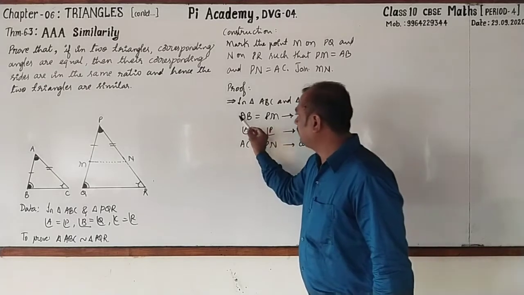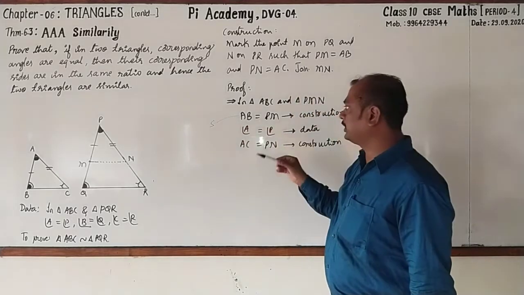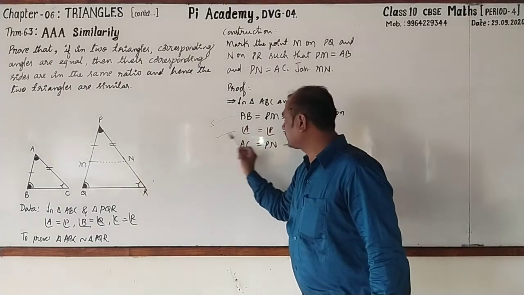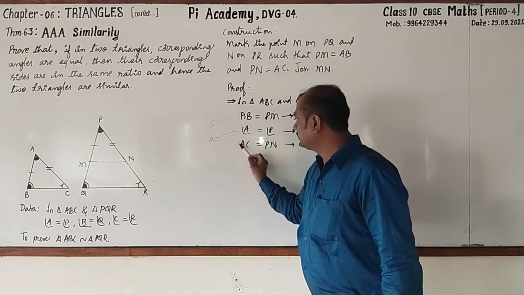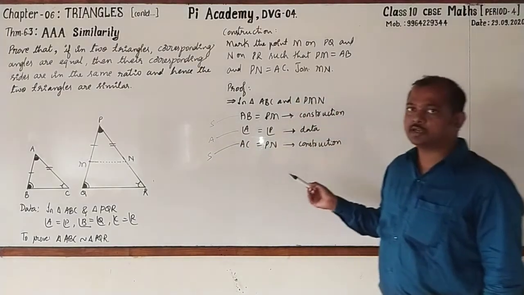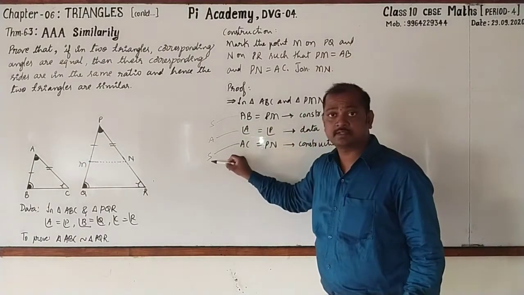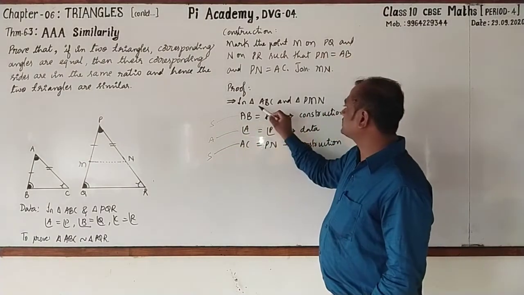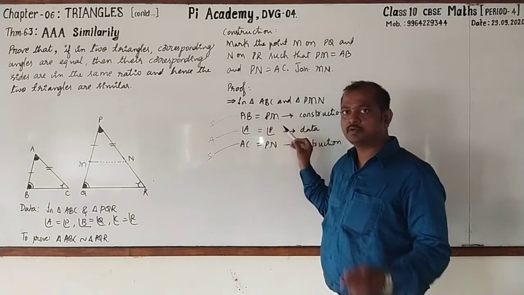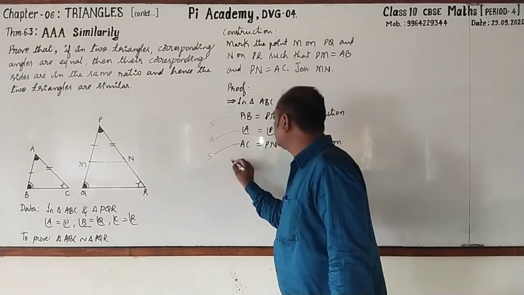Observe it. Here we have the corresponding sides which are equal. These are corresponding angles which are equal. These are corresponding sides, they are also equal. So according to SAS congruency rule, you can say that these two triangles are congruent, right? Here I am going to write it.